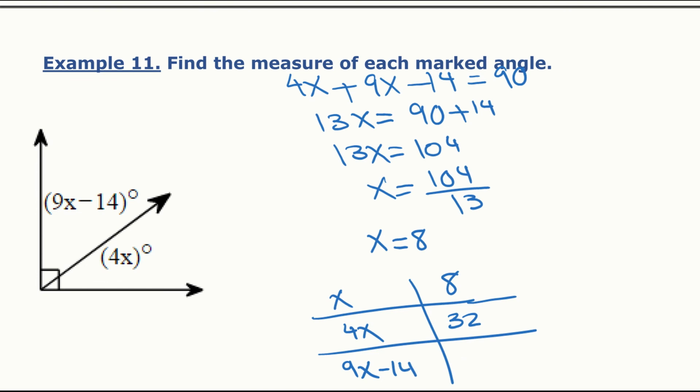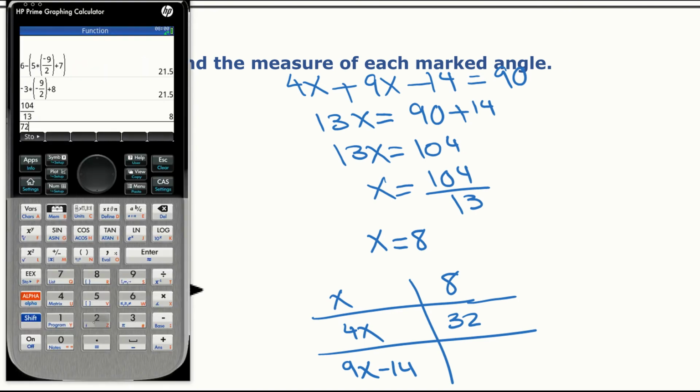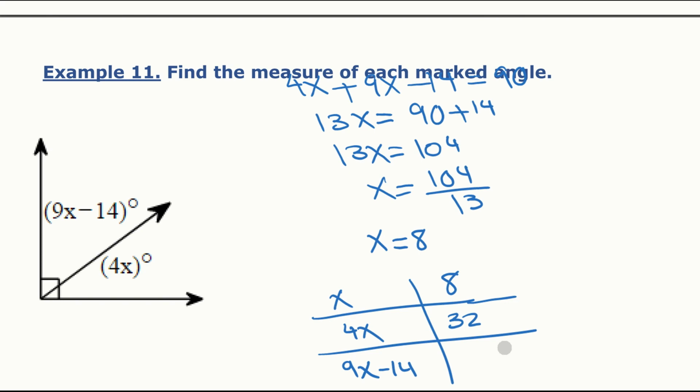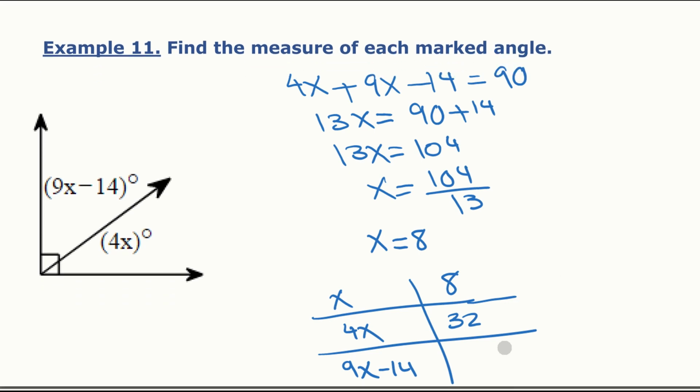So that gives 58. All right, so the angle here, that's going to be 32 degrees, and this one is 58 degrees.